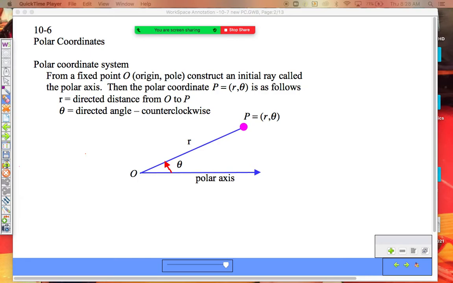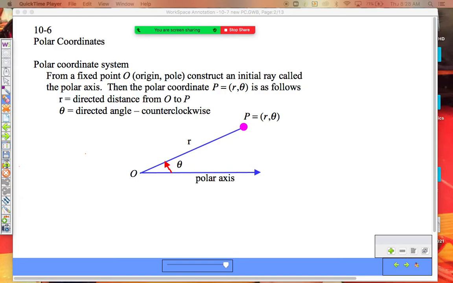And today we are going to do polar, which is going to be r's and thetas. So xy is rectangular, xyt is parametric, which we just did. Today is going to be r's and thetas, our ordered pairs.